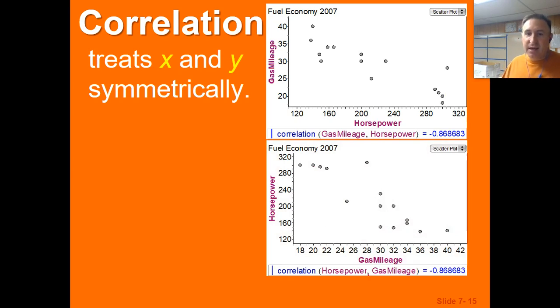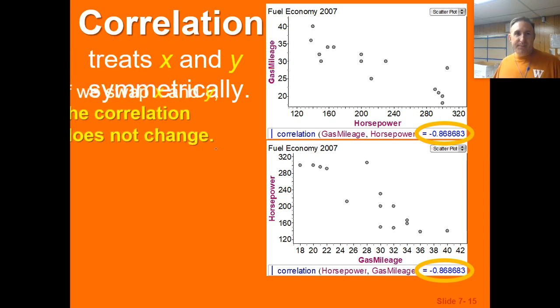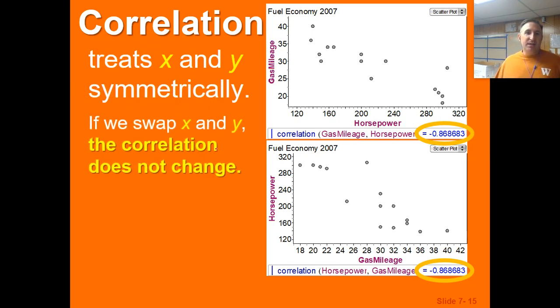If we change that and put gas mileage on the x-axis, as gas mileage increases, horsepower decreases, because these are the smaller cars with like a 3-cylinder engine. Still the same association, the same correlation here, which we'll talk about in a moment. If we swap x and y, the correlation does not change.